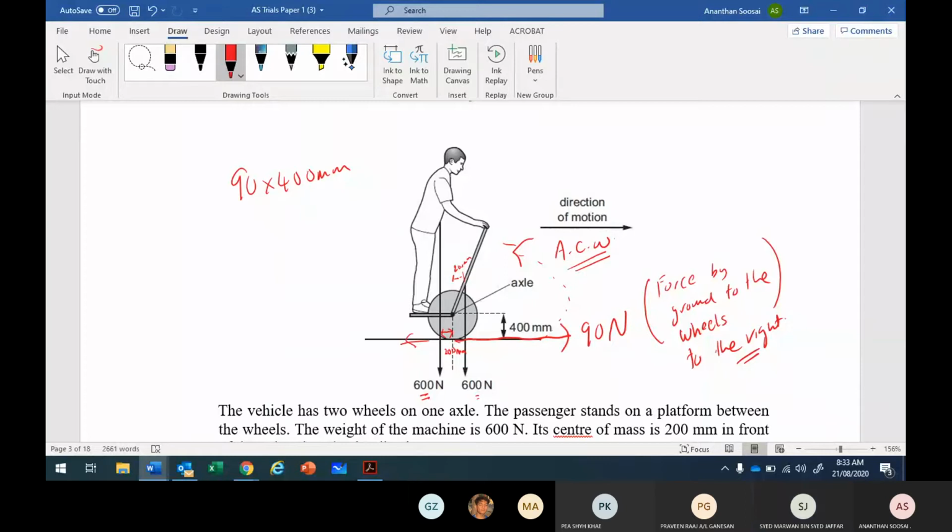By how much? So 600 times the new position, the center of gravity must get closer. So 600 times x equals 90 times 400 mm, so x is 90 times 400 mm divided by 600. What is the x you get? Anyone?